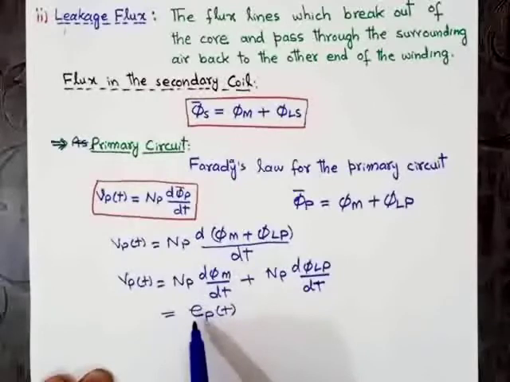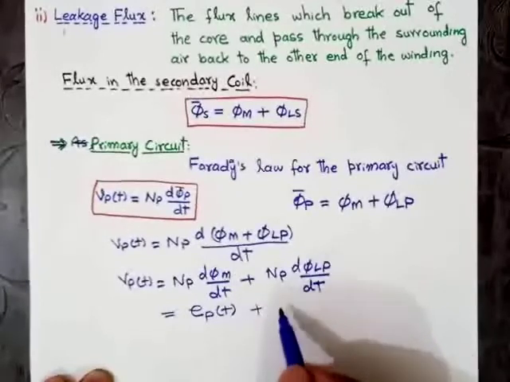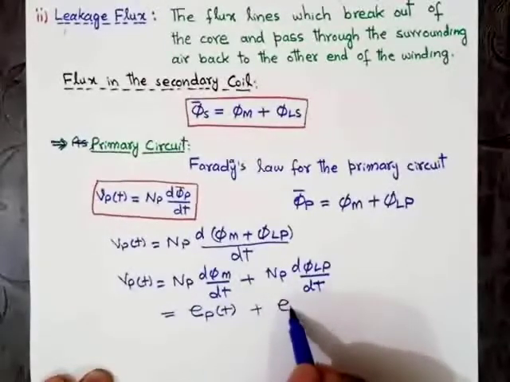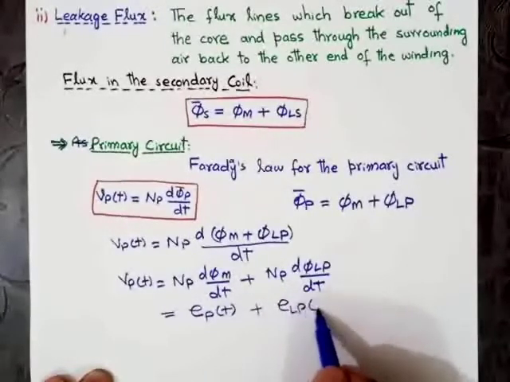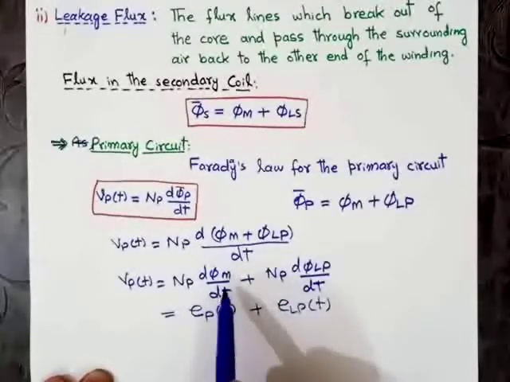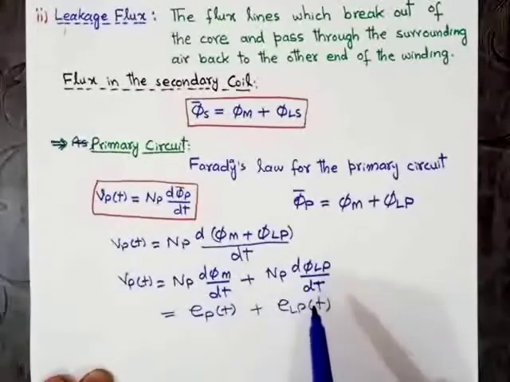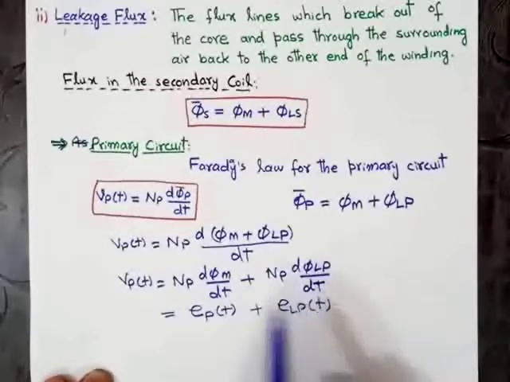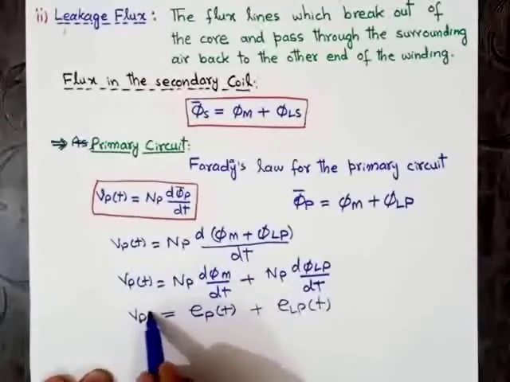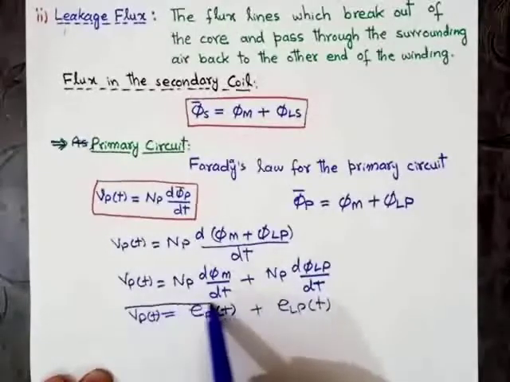So the induced voltage will be equal to the induced voltage due to the mutual flux plus the induced voltage due to the leakage flux. So this will be the total voltage across the primary circuit.